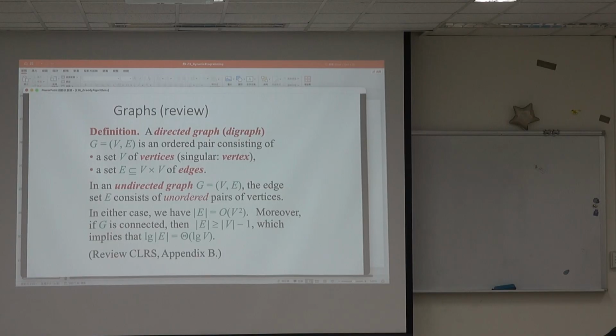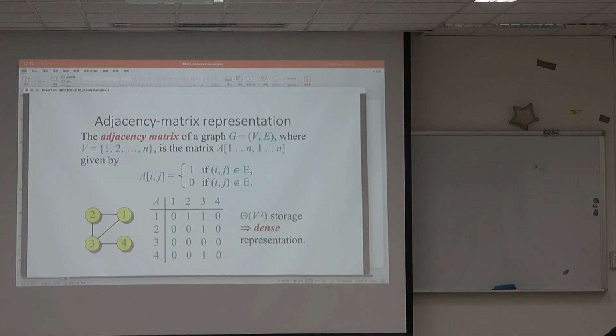Appendix B has more complete information on graph theory.